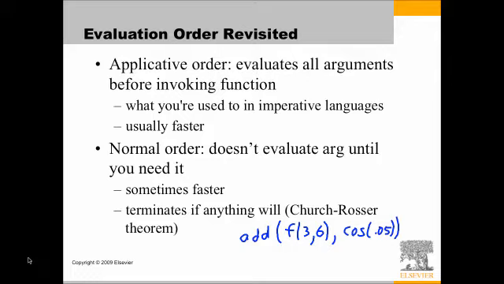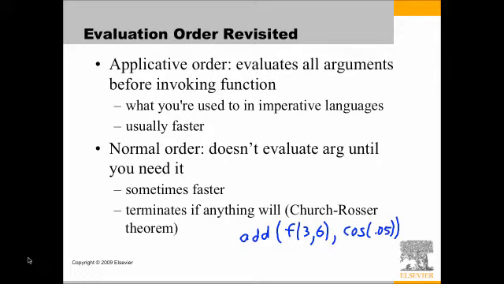Contrast, normal order does not evaluate an argument until it's absolutely needed. So in this case, we would not evaluate either the function f or the cosine function until we actually use those arguments in add. And normal order can sometimes be faster because it may avoid unnecessary evaluations if an expression is never used.